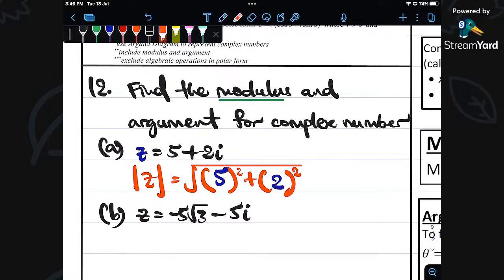Masukkan sahaja nilai, sub in the value of 5 and number 2 only. No need the i, just the magnitude. Okay, just the value. Just sub in the value. Press your calculator and you will get what? Can you tell me? 25 plus 4 is 29. So you will get a square root of 29.